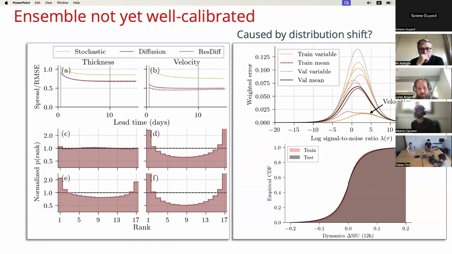What I guess at the moment is that there is some sort of distribution shift from the training data compared to the validation testing data. But I have to investigate this more to see why this happens, because diffusion models are supposed to give a more or less calibrated ensemble. They are not trained to do so, but implicitly, by doing this maximum likelihood approach, you also tune your ensemble spread.